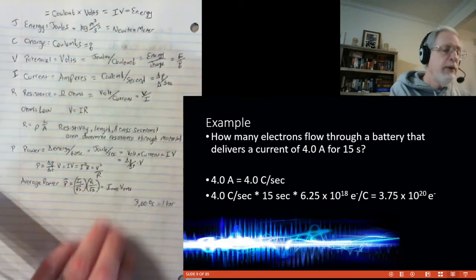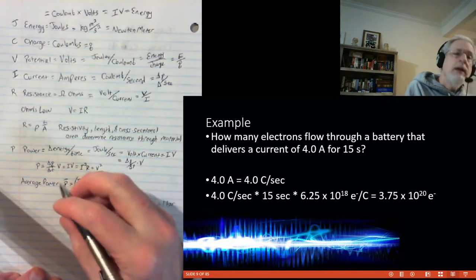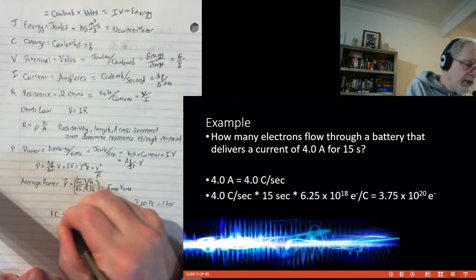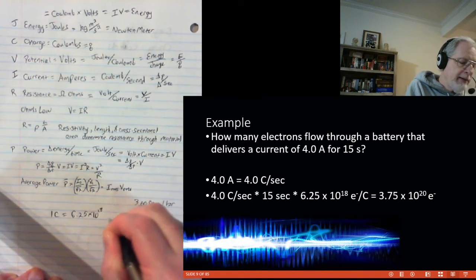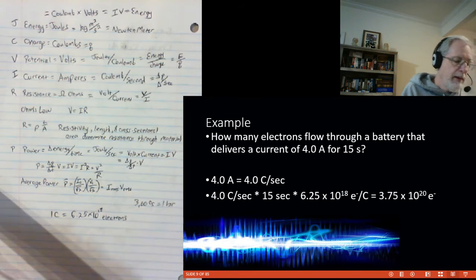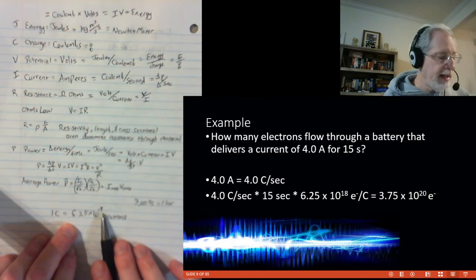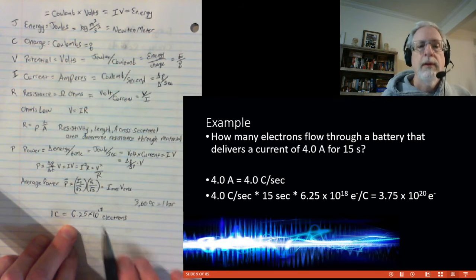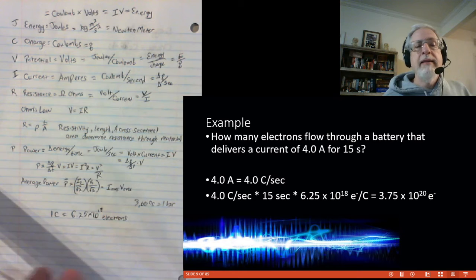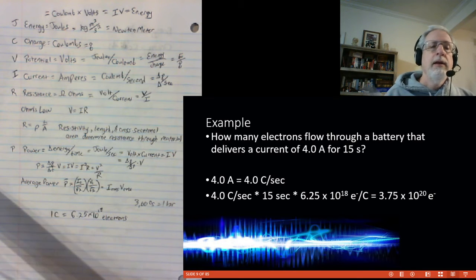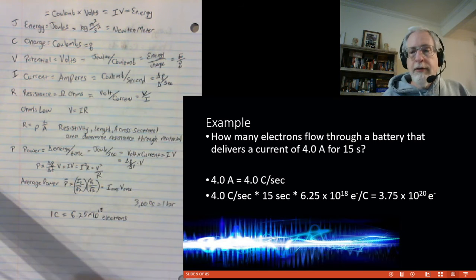And if you remember from before, 1 coulomb is equal to 6.25 times 10 to the 18th electrons. Electrons per coulomb. Remember, and it was 10 to the negative 19th coulombs per electron.